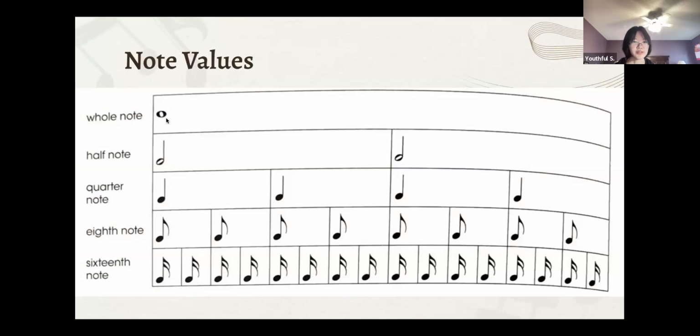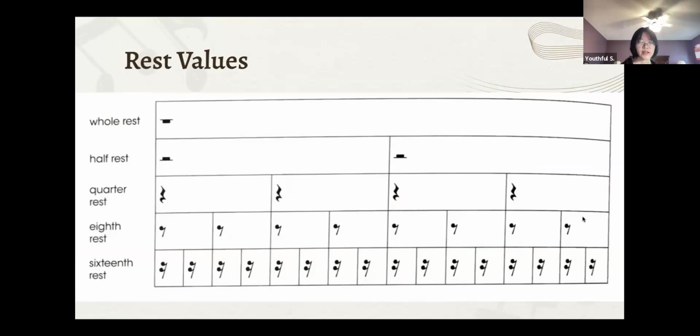I'm sure you both know this, but basically we have these note values. So whole note, half note, quarter note, eighth note, 16th note, etc. And then rest values, they're pretty much the same, the names correspond as well. So whole rest, half rest, quarter rest, eighth rest, and 16th rest.